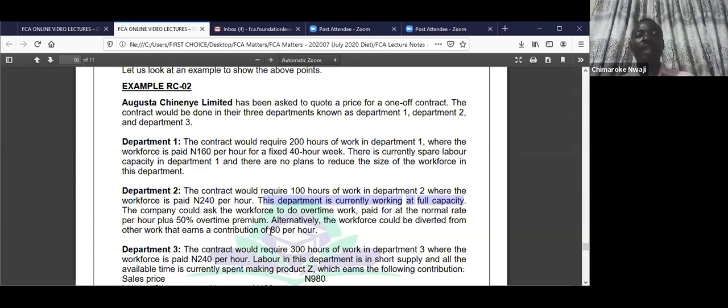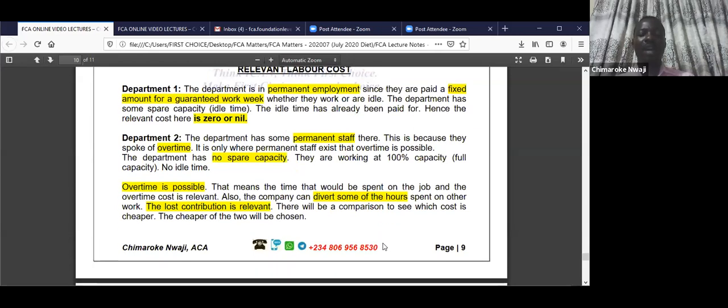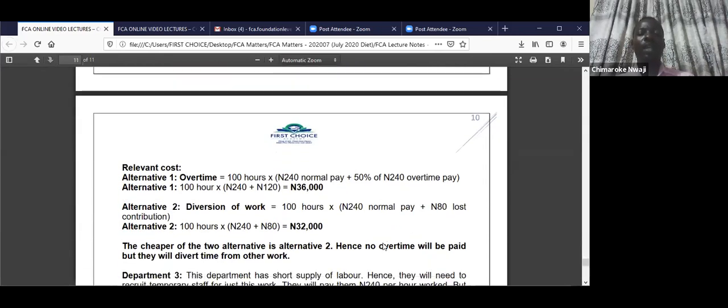So instead of asking people to do overtime, you can tell some people to stop whatever they are doing that is giving a contribution of 18 naira and come and do the job that I want us to do, this one-off contract. That means this 18 naira is relevant because that is a lost contribution. So what is the alternative that you will take?